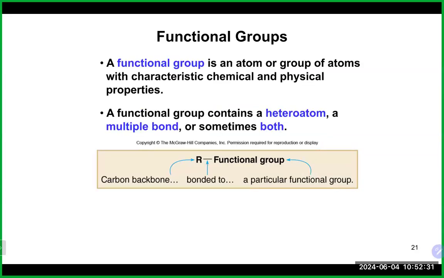As I mentioned before, that functional group is really the part of the organic molecule that's the most important, as it tells you the type of organic compound it is. It is also important for a lot of different reasons. One reason is it usually takes priority in terms of how you go about naming that organic molecule.